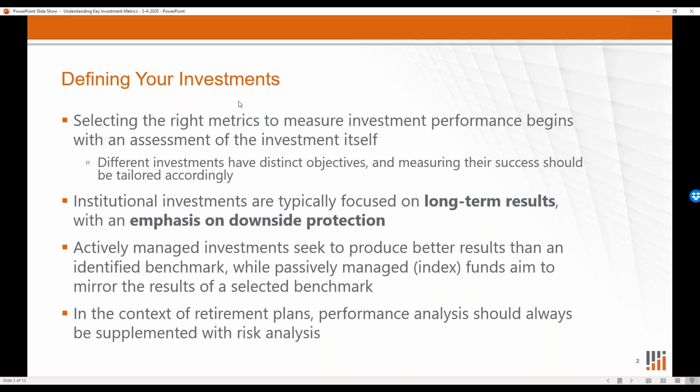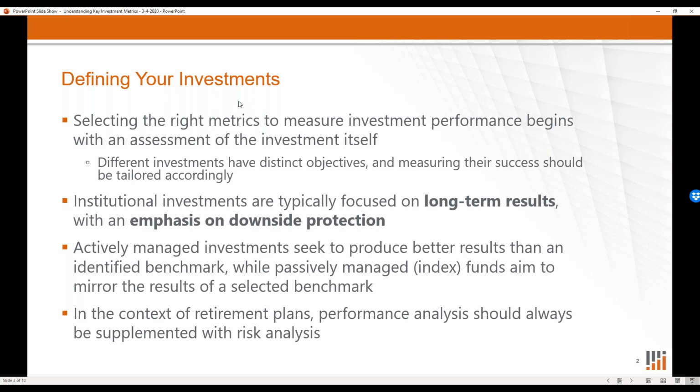The next point is the emphasis on downside protection and long-term results as well. Again, we're looking at retirement plan investments, so we're looking to get the best outcomes for participants who, most of them, are hopefully investing for several decades. On the next point, actively managed investments, we're seeking to produce better results.